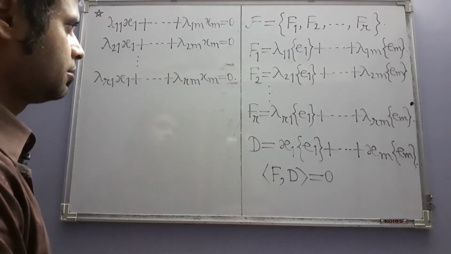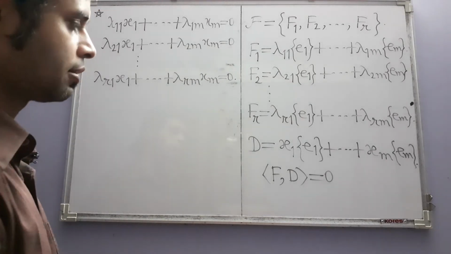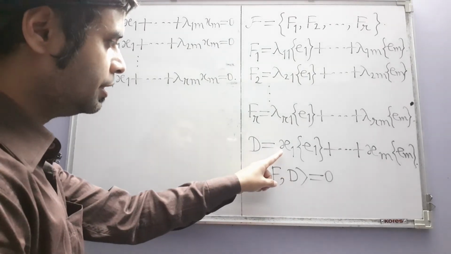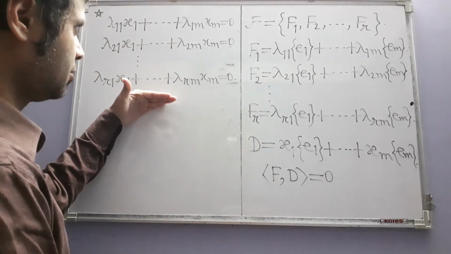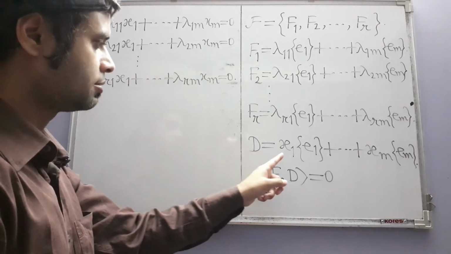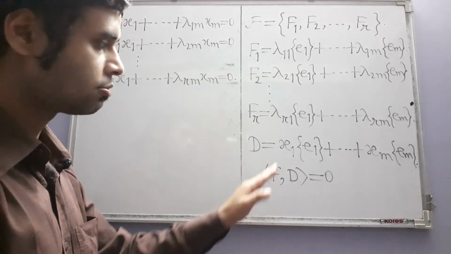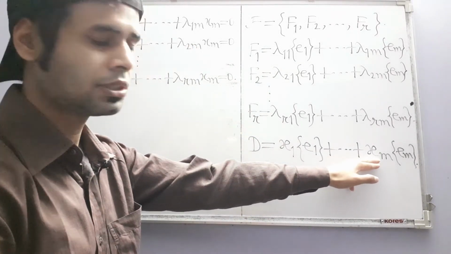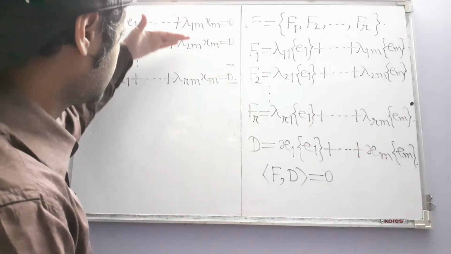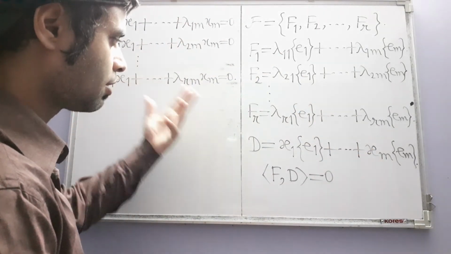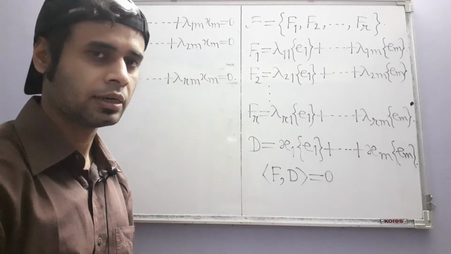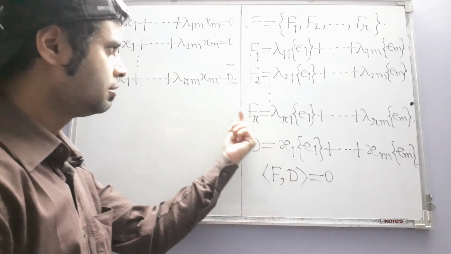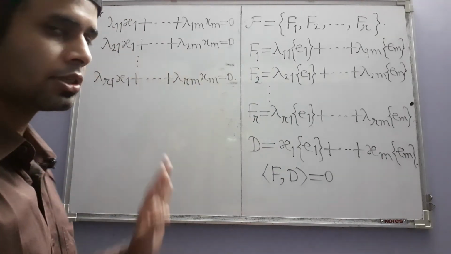Okay, so that means what? That means D will be determined if you solve this system of equations for these xi's. Treating these xi's, these coefficients, as variables, you get this system of equations, and solving them, each solution will give you one D, and each such D is in fact a solution to this system of equations.